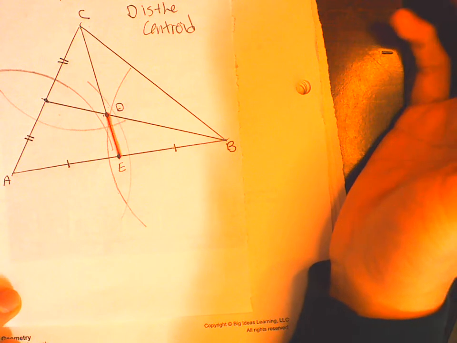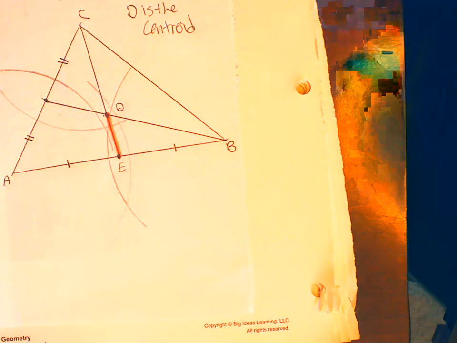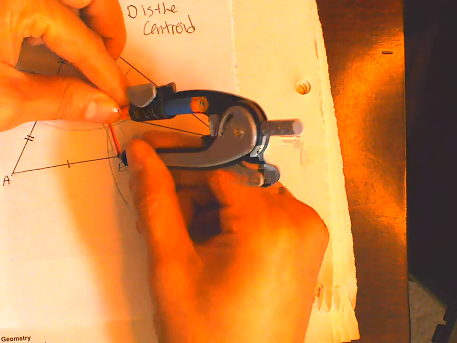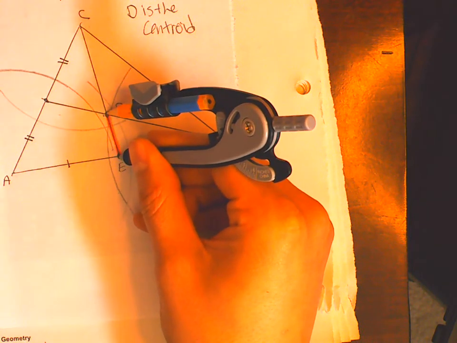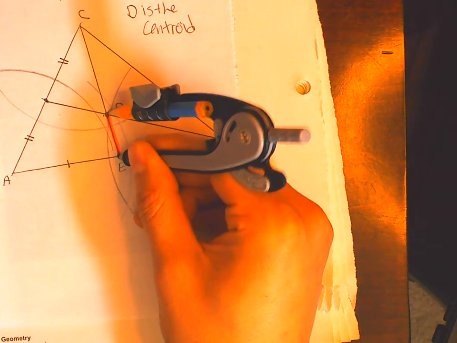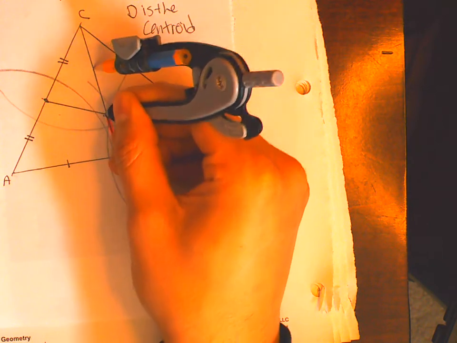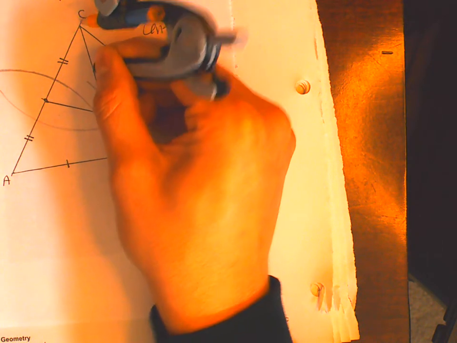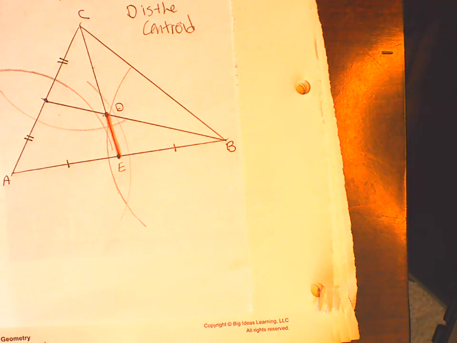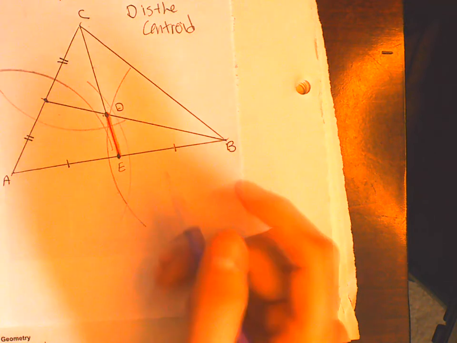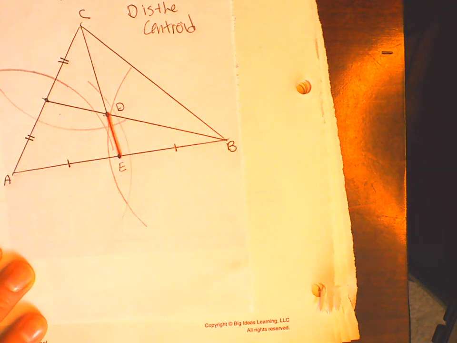How do they compare? Well, check this out. It's kind of cool, actually, if you think about it. Measure ED. How many of these can I fit into CD? 1, 2. Perfectly. So this means that ED is half of CD.